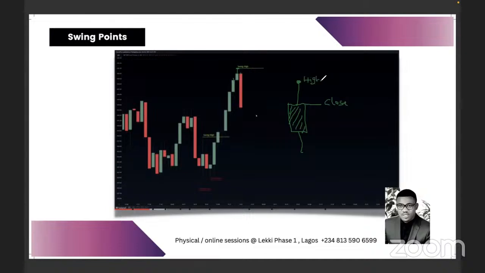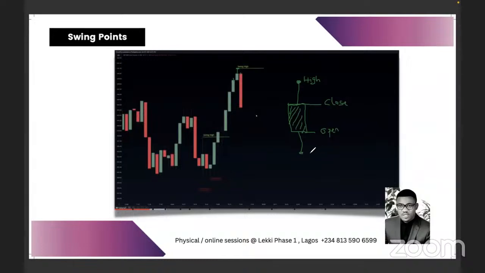So when we now say swing high, you know we are referring to this point in a candle that is the highest among 3. When we say candle close, we are referring to this body of a candle in a bullish candle. This is the close. When we say candle open, in a bullish candle, we refer to this side, open. These are elementary. I want to call them out because this will be very important in the next page.